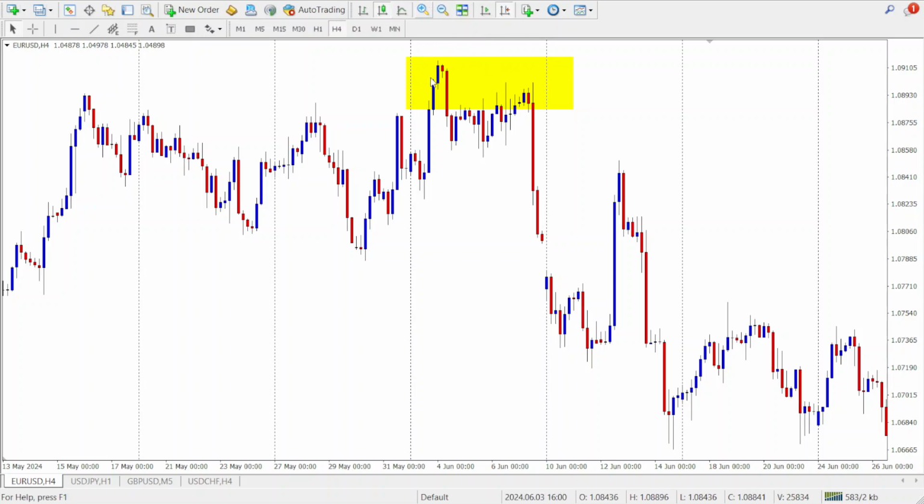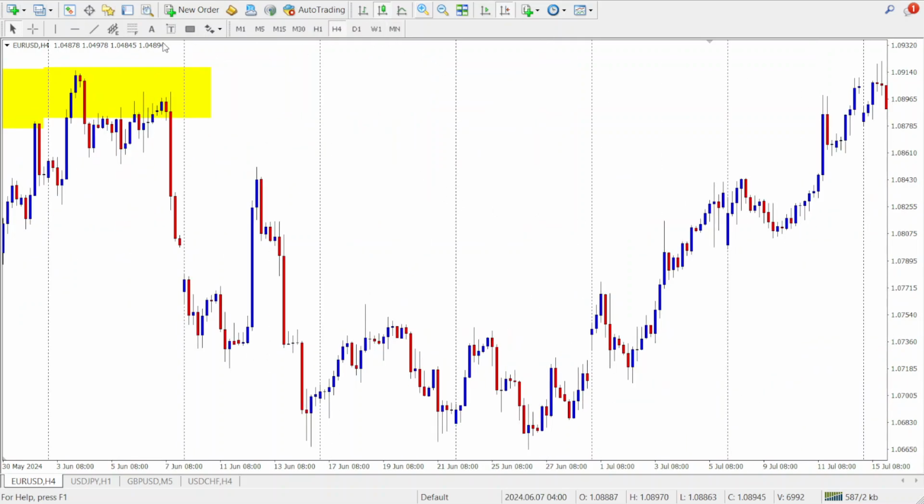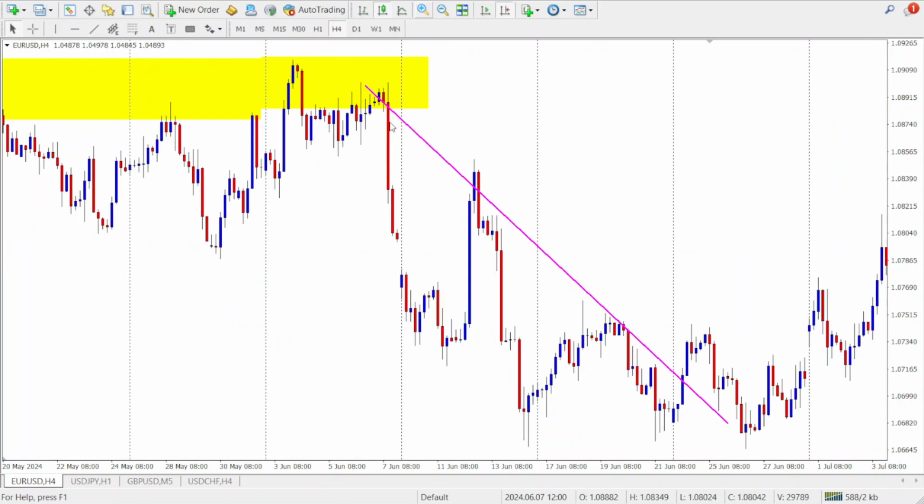So for example, within this zone, you can see that we have a resistance zone around here. This was a period of consolidation before we finally had a significant price move, and we had a sell all the way down to this point.